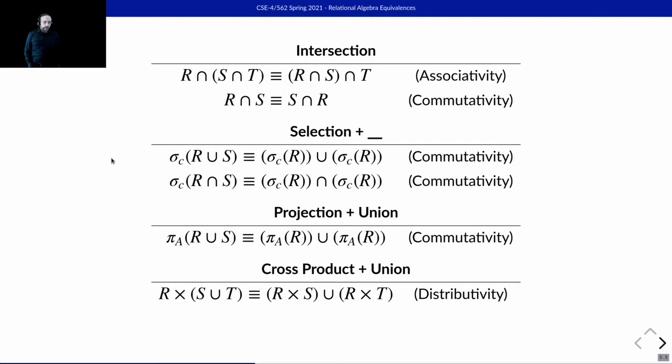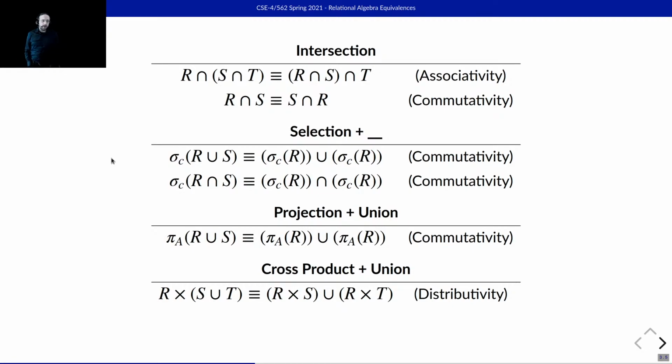Okay, so in terms of some of the other operations, selection can always be pushed down through union and intersection. It doesn't matter whether you apply the selection to the output of the union or intersection, or to the individual inputs. Similarly, intersection, just like union, is associative and commutative.